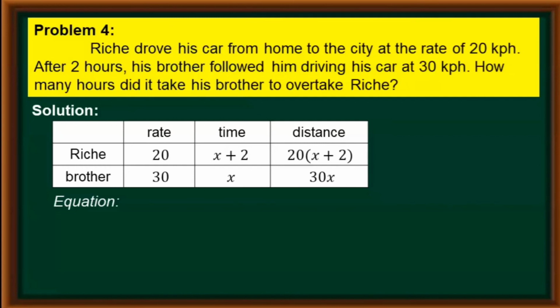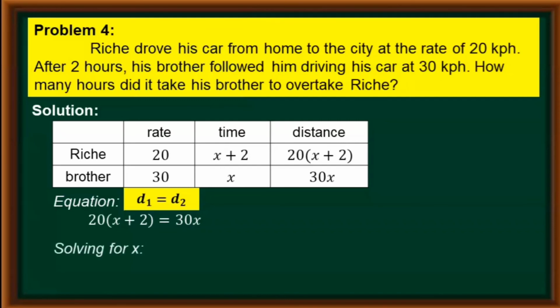With that, the correct equation that we will be using in this problem is d sub 1 equals d sub 2. For d sub 1, which is the distance traveled by Richie, we have 20 times the quantity x plus 2. That would be equal to d sub 2, which is the distance traveled by Richie's brother, and that is 30x.